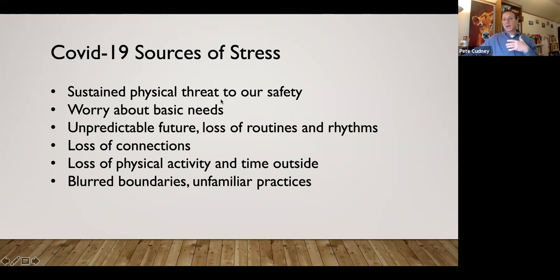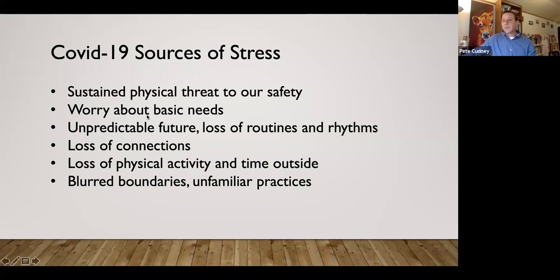It's not a car crash where our stress spikes and then we can say to ourselves, we're okay, this has ended, and our stress level can come back down. This is a sustained, unknown threat to the physical safety of ourselves and our loved ones. So it's very real. It makes sense that we would feel this kind of stress.